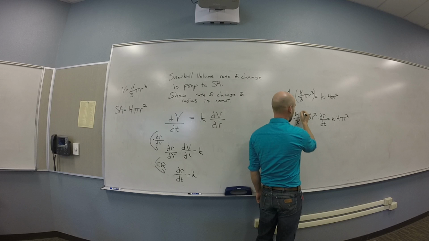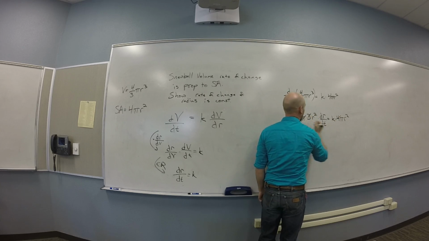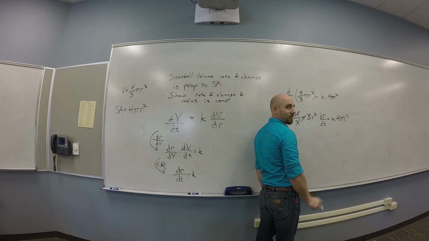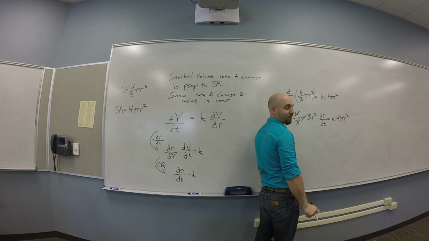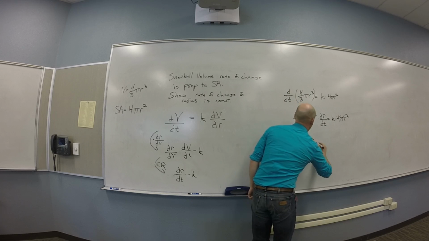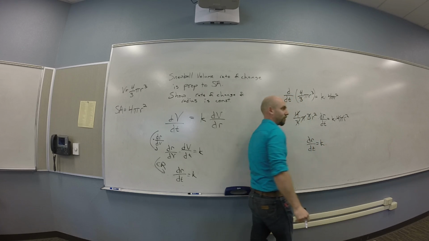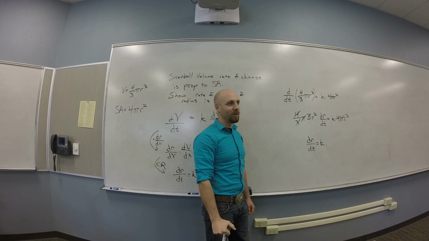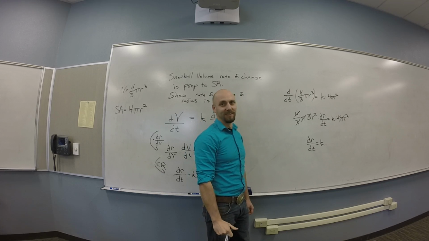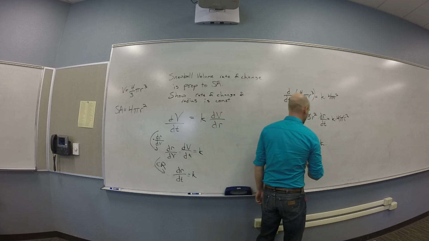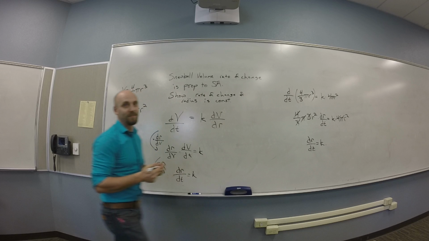The 3's cancel, the 4's cancel, the pi's cancel, the r squareds cancel as long as r is not 0. Why am I assuming r isn't 0? Because you wouldn't have a sphere. What's the point in talking about a snowball that isn't? Cool.